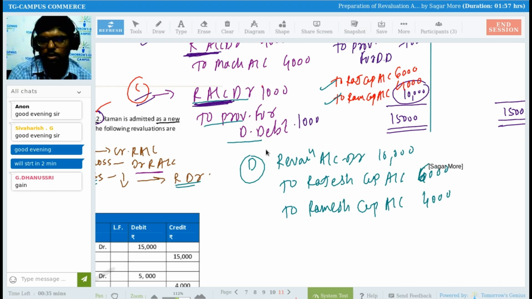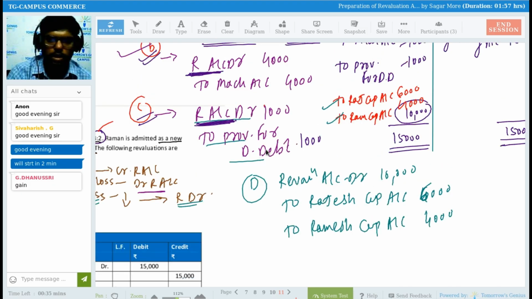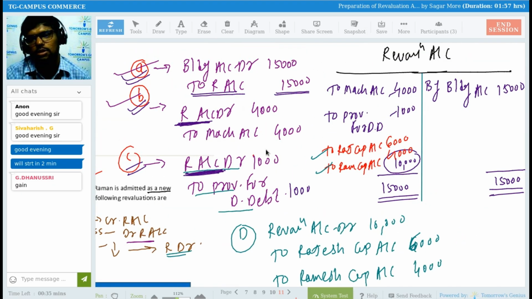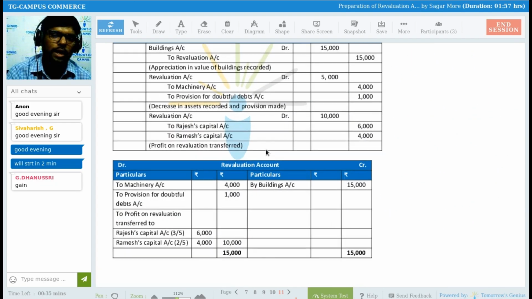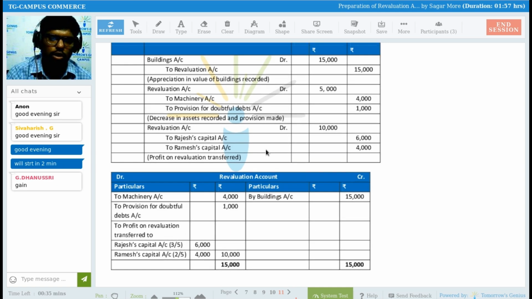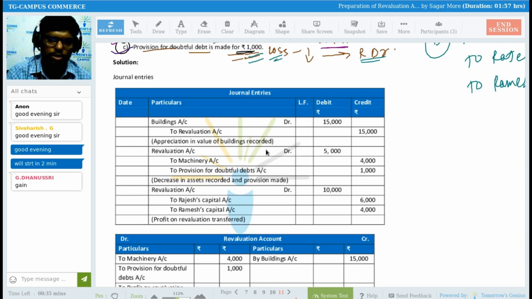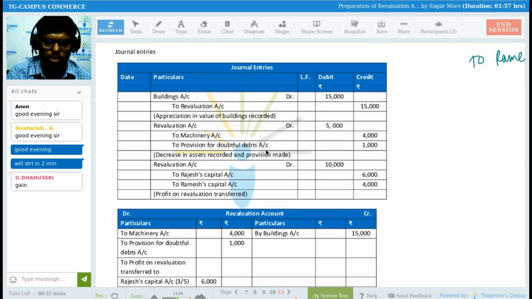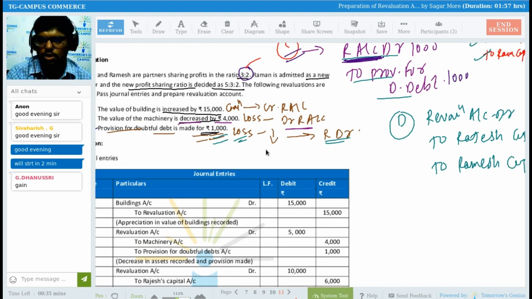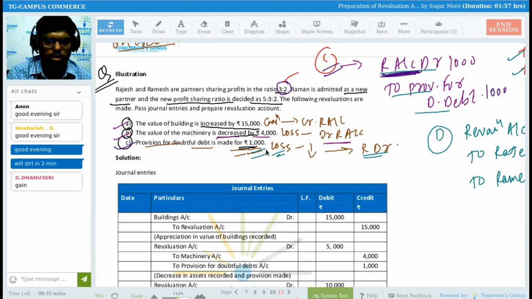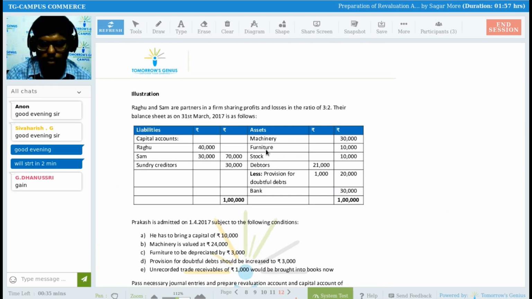Understood? Simple. Any doubt, any questions? See, the solution is also provided, but I just solved it for you, right? Neatly, the solution is also provided here. I hope you understood this, Sadhna, Nushri, Shivarish. Okay, so I am moving further.